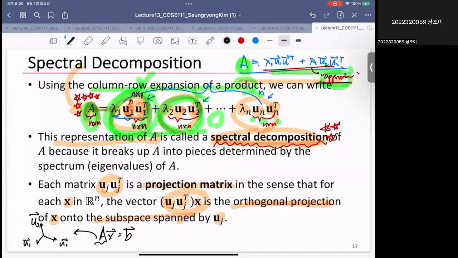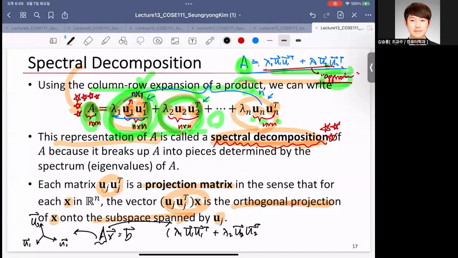Then the eigenfactorization of the matrix A is lambda 1 u1 u1 transpose plus lambda 2 u2 u2 transpose plus lambda n un times un transpose times x is equal to b.